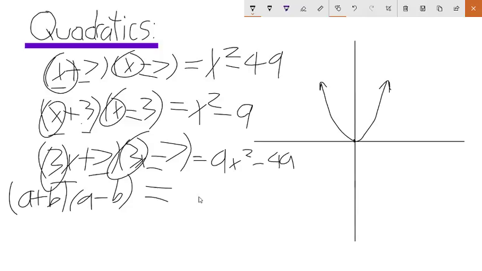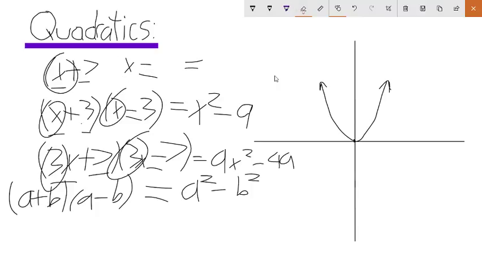So our pattern here is a squared, because we have 3x times 3x, and then we get the negative square of the second term. If our term was 5, let's say, right here and right here, then that would be x squared minus 25. So that means it's going to be a squared minus b squared. This is called the difference of squares because you are taking the difference of two squares, right here and right here. Now let's see if this pattern actually checks out or not.